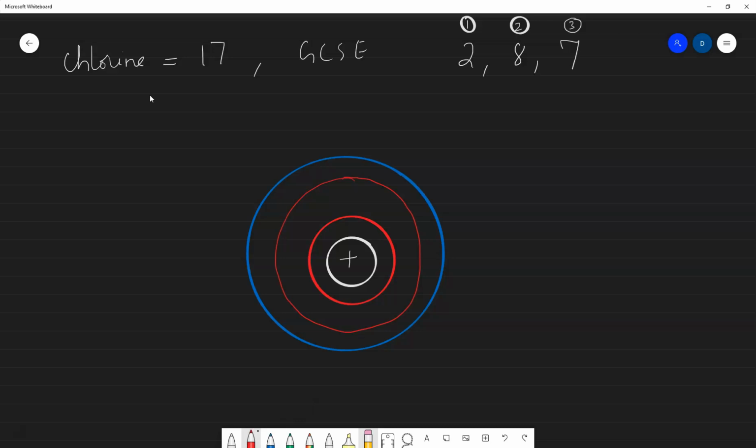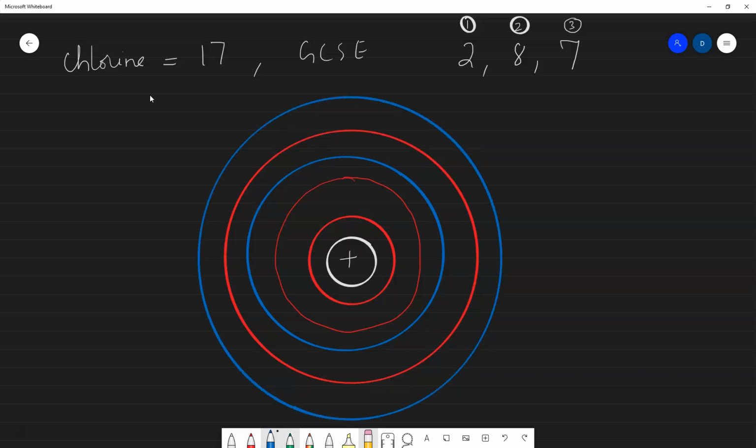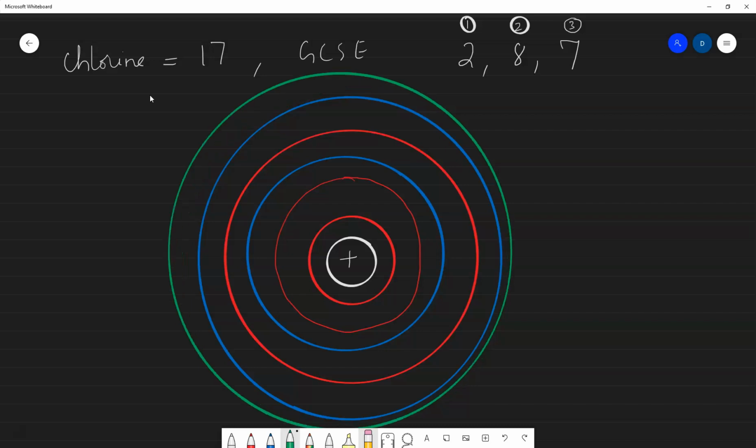And the third shell has got the S, the P, and the D. Even now in this example I don't think we'll be using the D. Okay, so let's put the mark.